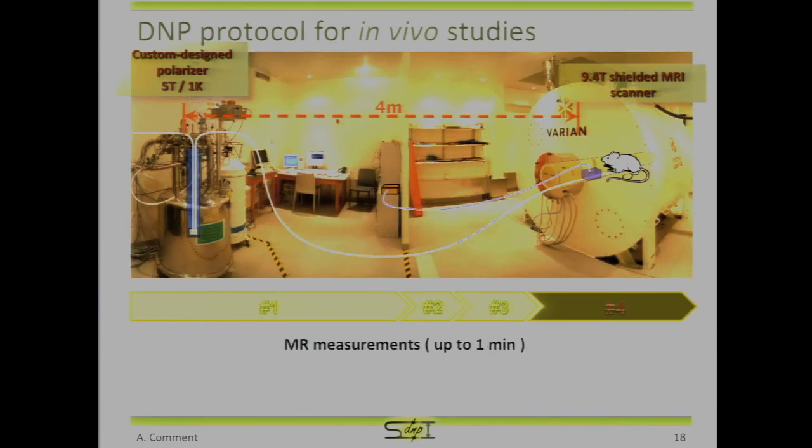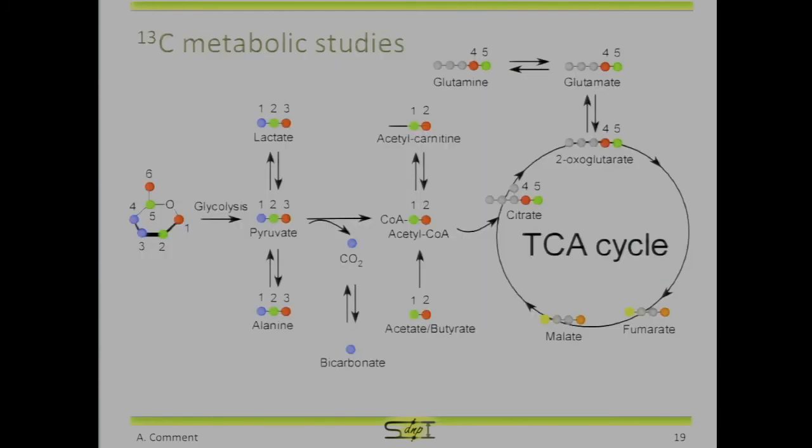And then we record the MRI. So I appreciate that we're going from 1 Kelvin to in vivo in 3 seconds. That is the big trick to get high signal, because it decays rather quickly. So this is the technique. This is called hyperpolarization, or dissolution DNP.